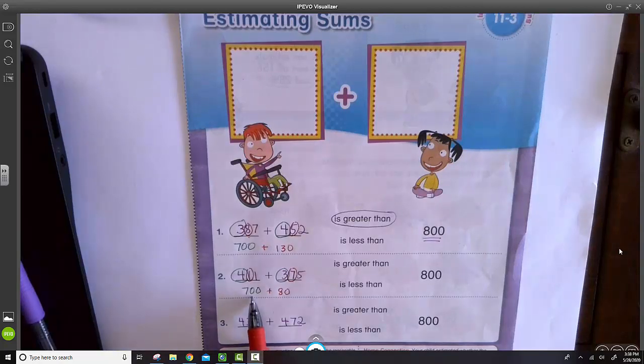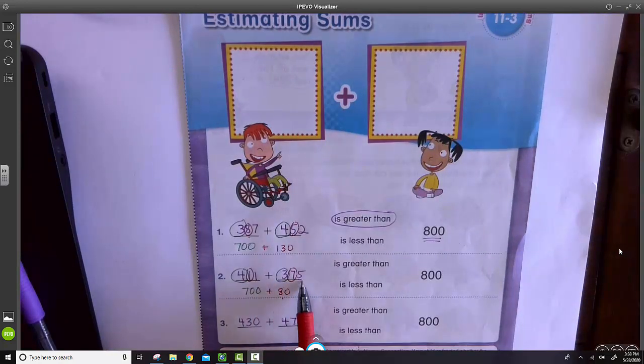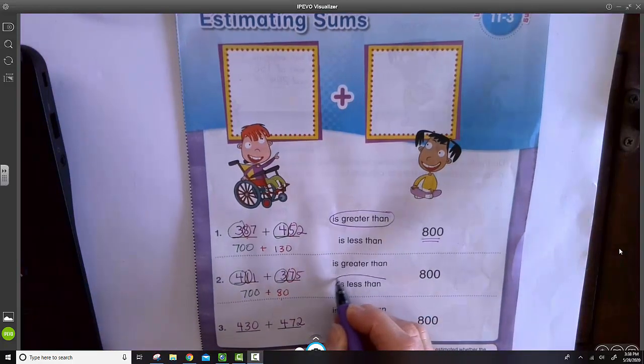The sum of 780 is 780. There's no way possible that we can reach a sum of 800. So for this one, 411 plus 375, it's less than 800.